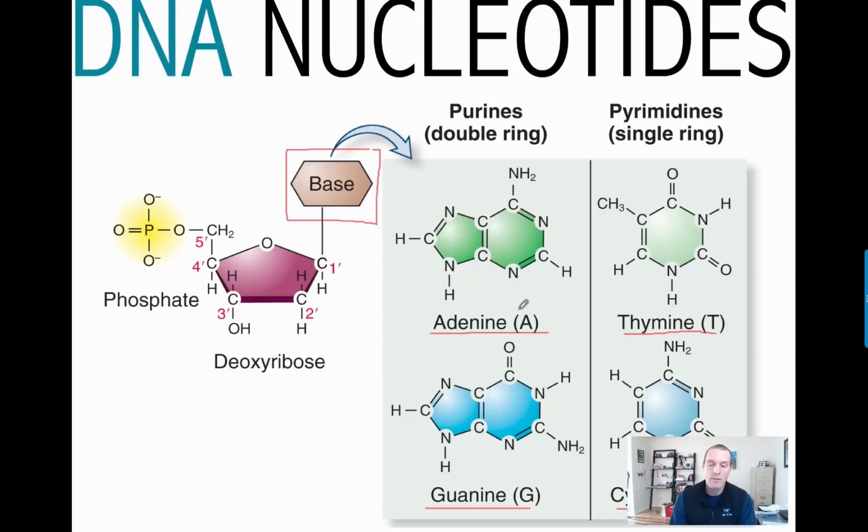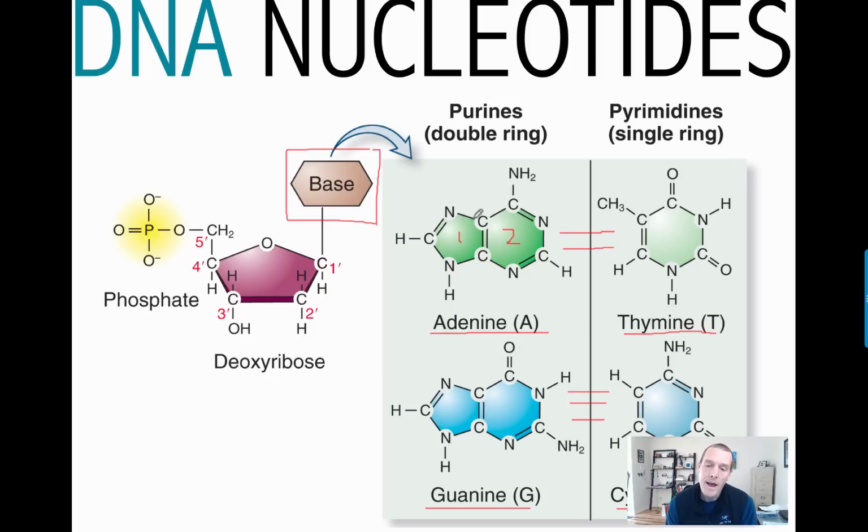What you see is that the double ring structures, adenine and guanine, are called the purines, and the pyrimidines have single ring structures, thymine and cytosine. Now, the important thing is that adenine and thymine are going to form base pairs, and they'll form 2 hydrogen bonds between them, and cytosine and guanine, when they base pair in the DNA, are going to form 3 hydrogen bonds.